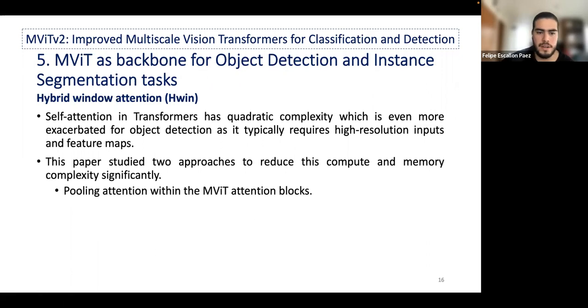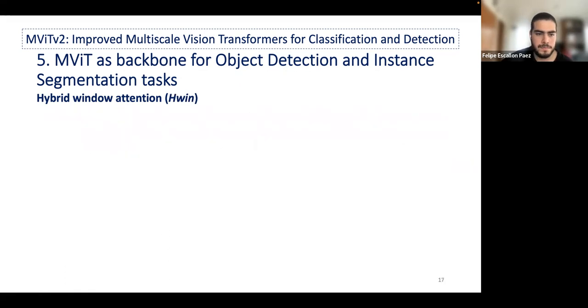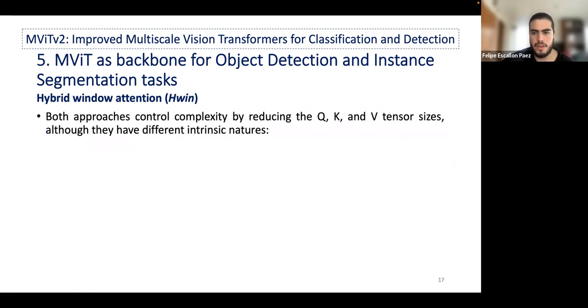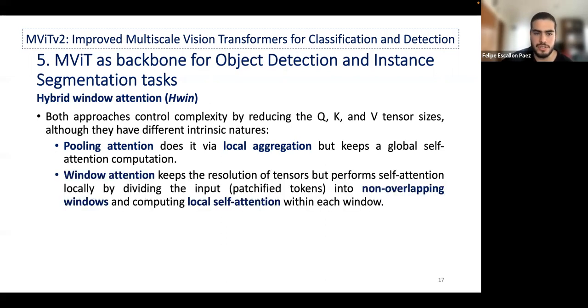So this paper approaches how to reduce this compute and memory complexity significantly. So they have the already mentioned pooling attention, and the window attention they used as a technique to reduce computation for object detection. Here I show that both approaches are the same in what they seek to achieve, but they have some subtle differences in their intrinsic natures.